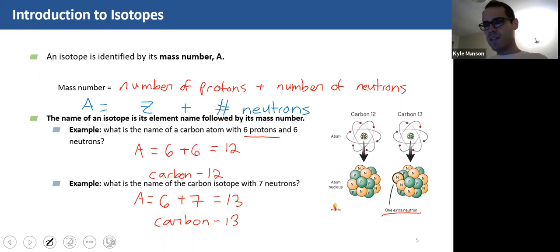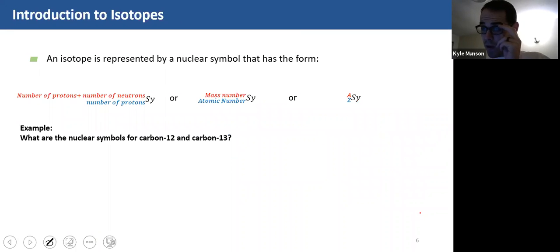Again, atoms of the same element that are different isotopes differ in their number of neutrons, and these are an example of isotopes, carbon isotopes. Another way we can represent isotopes is by a nuclear symbol that has the following form. Here, SY represents the element symbol.